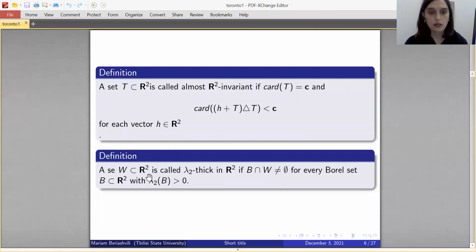A set W is called lambda 2 thick, where lambda 2 is the standard 2-dimensional Lebesgue measure, if B intersection W is not empty, where B is a Borel set whose measure is more than 0. The lambda 2 thick sets are very interesting when we are studying the measure extension problem, and that is why lambda 2 thick sets play an important role there.